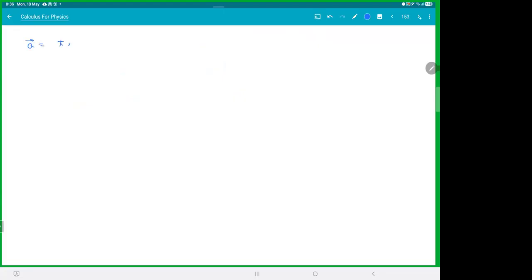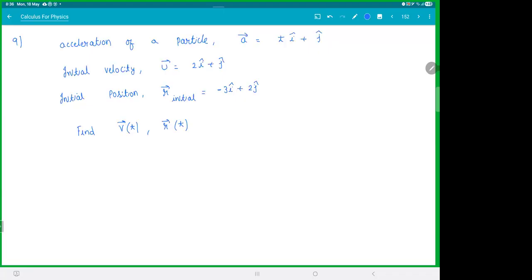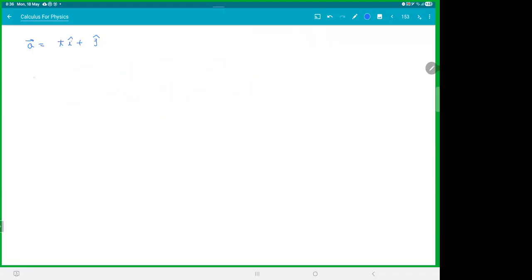So acceleration is t i cap plus j cap. This can be written as dv by dt. dv bar will be t dt i cap. So the integration will be just a regular integration except for this i and j.